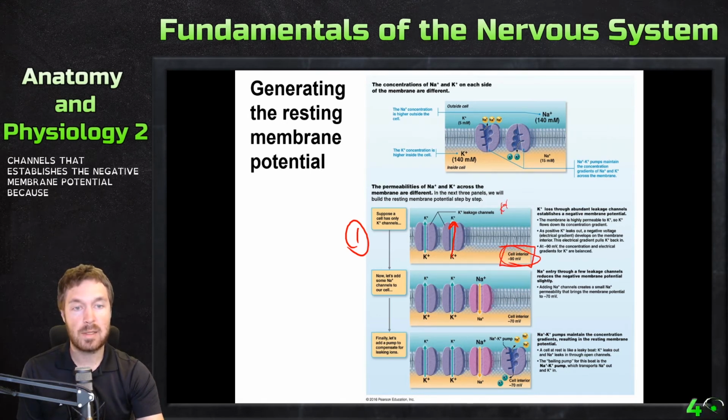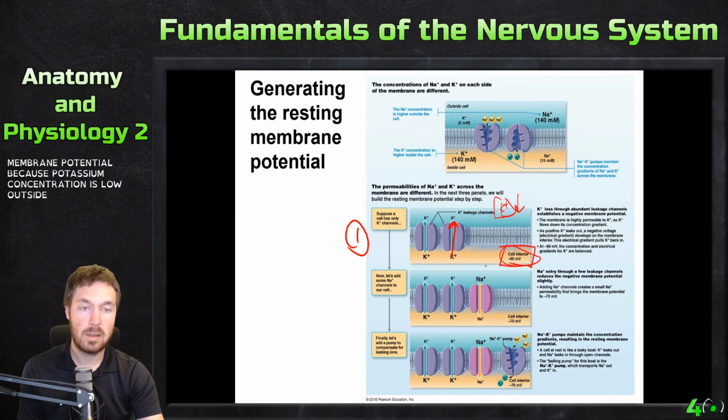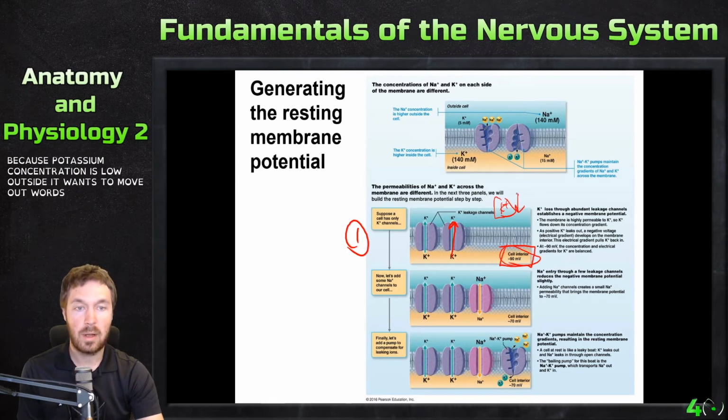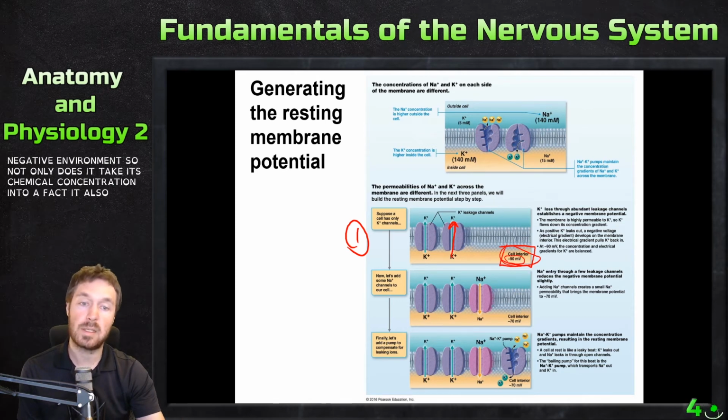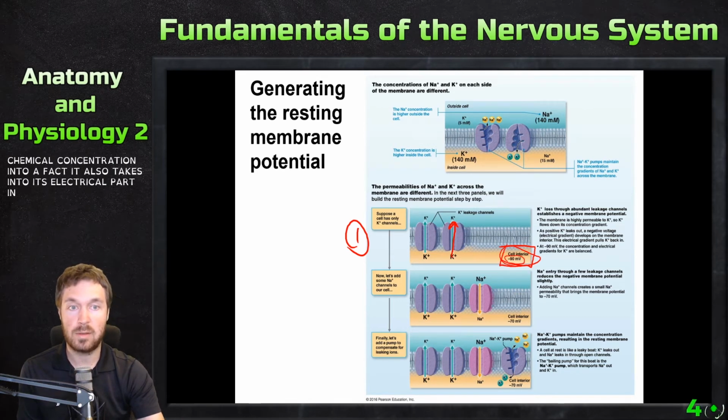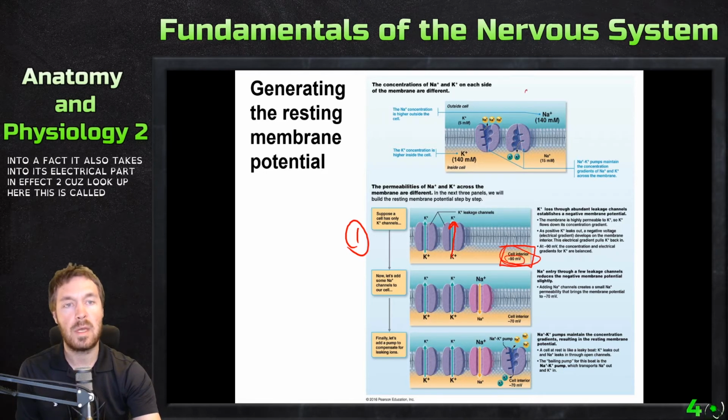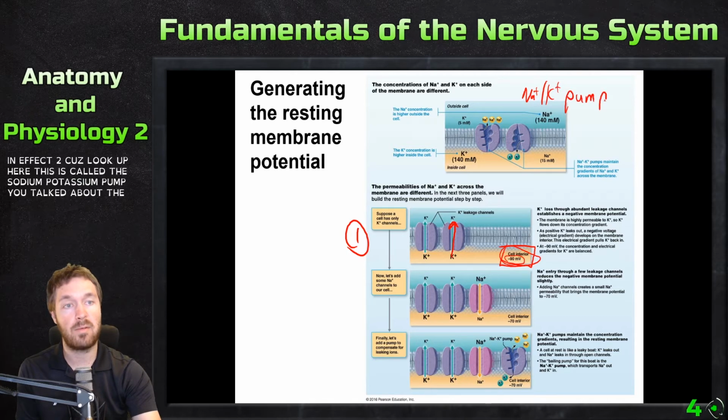Because potassium concentration is low outside, it wants to move outwards. Not necessarily too low, though, because this is a positive ion. It's kind of happy in here in this negative environment. So not only does it take its chemical concentration into effect, it also takes its electrical part into effect too. Because look up here. This is called the sodium-potassium pump. We talked about this one before too.